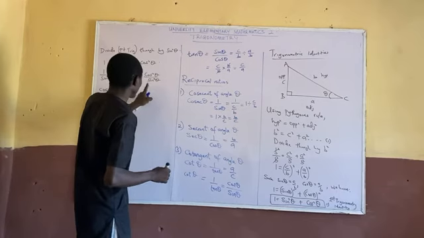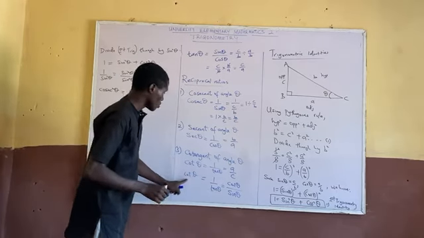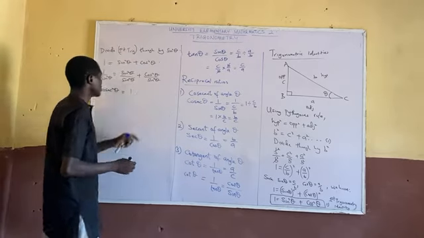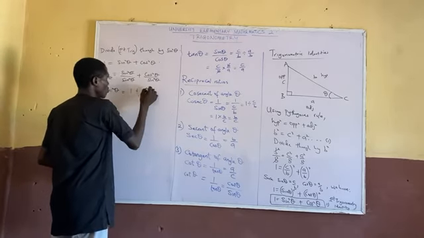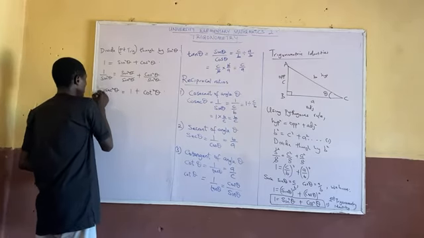We said cos theta over sine theta will give us cot theta, so because it is squared, this will give us plus cot square theta.